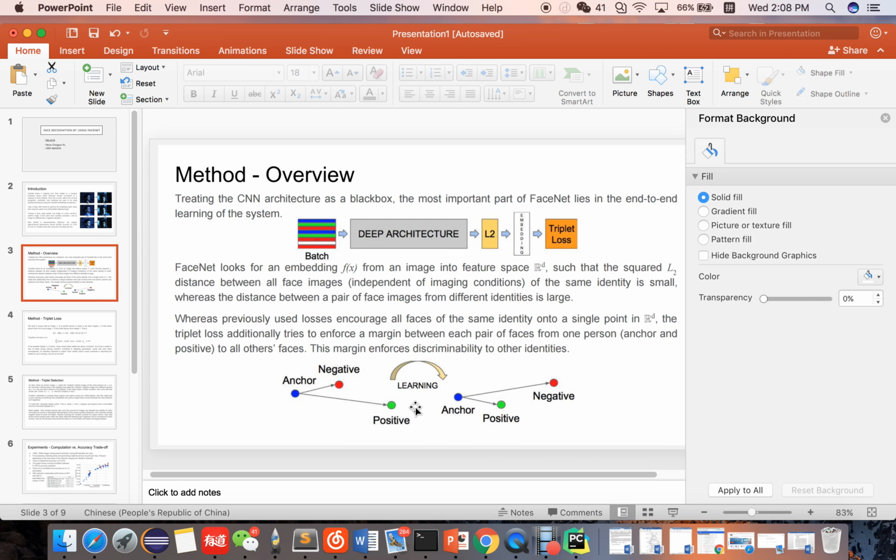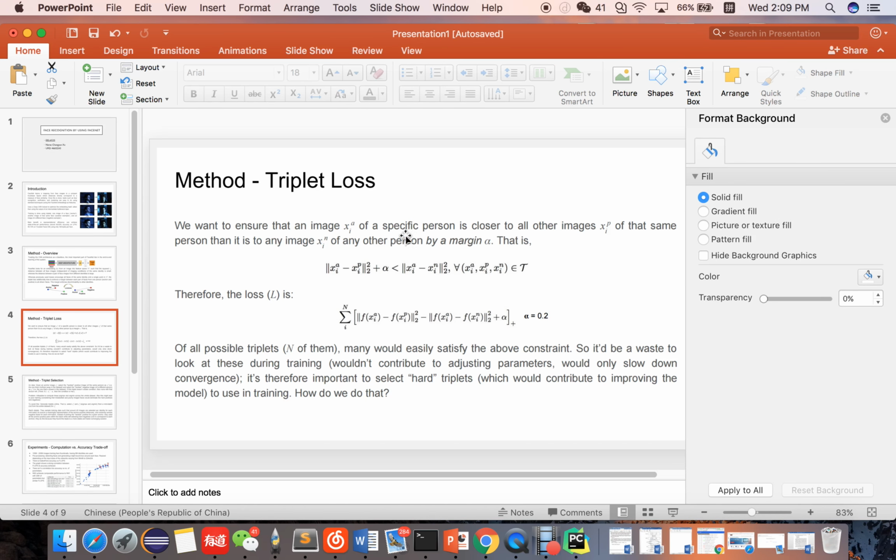It needs a training process, in which we send these triplets to the deep neural network. This is a formula to represent the figure that we showed above.